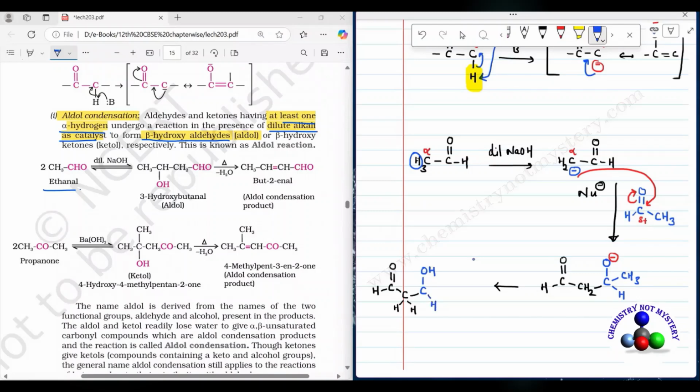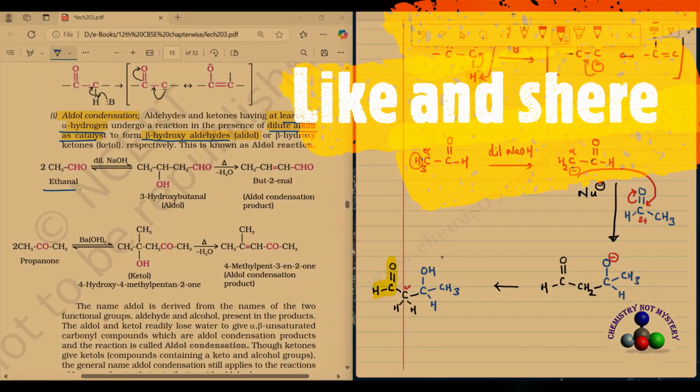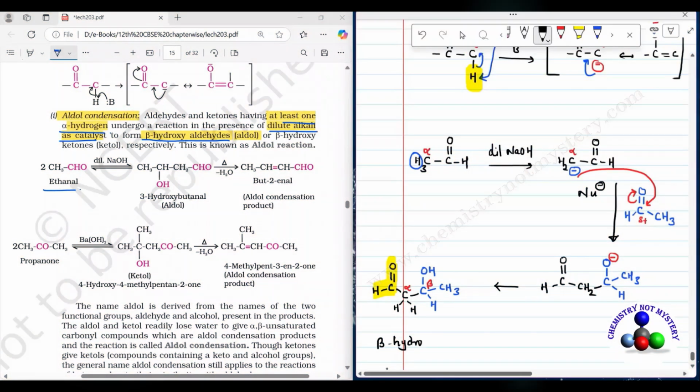It is bonded to one of the hydrogen and here CH3. So here this is the aldehyde functional group, and the carbon to which aldehyde functional group is bonded is called alpha carbon, and carbon next to it is the beta carbon. So now you will get beta hydroxy aldehyde.